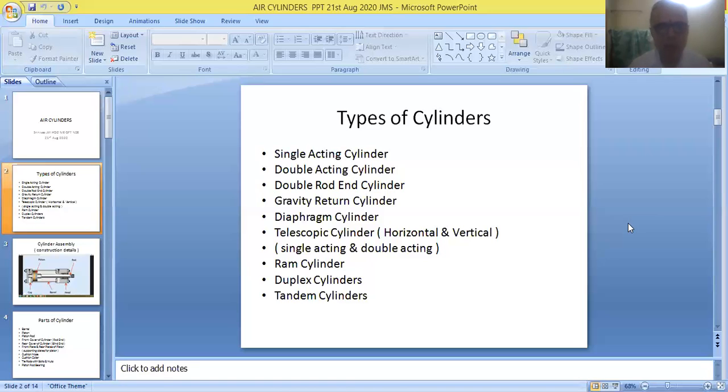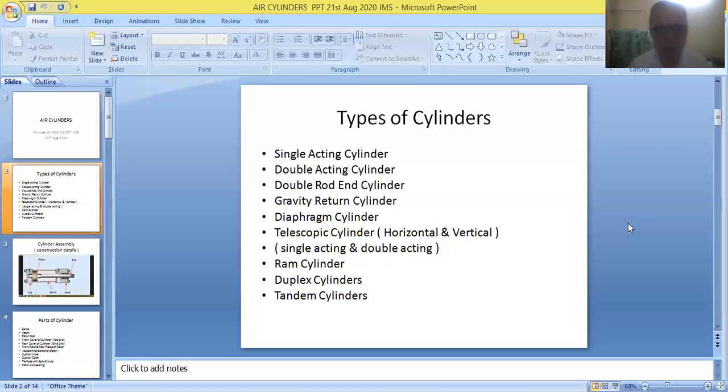So friends, as a whole, we have around 10 varieties of cylinders, but the first two items are generally used in most of the cases, and all other items are used in special situations. We have just now covered the various aspects of single acting and double acting cylinders.